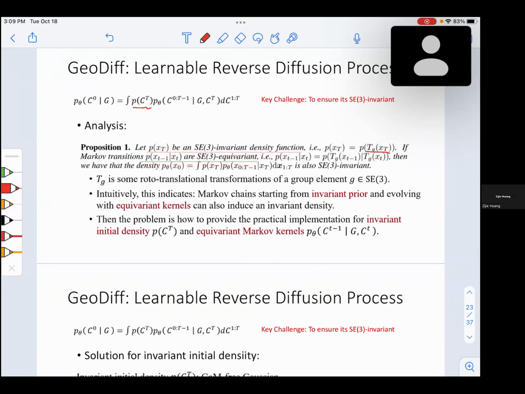The second is that, because of the Markov chain assumption, the C0 to T-1 procedure can be further decomposed as a multiplication of each p(x_{t-1}) conditioned on xt.